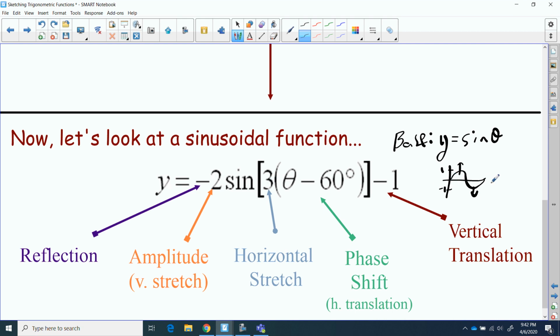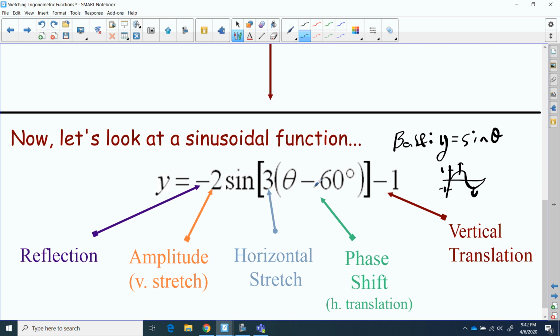We know that it used to be 360 degrees wide. It's now going to make the same pattern in 1/3 of that, so it's going to adjust what's called the period, from 360 down to 120. So this one we said is going to affect the amplitude. This number is going to affect the period.